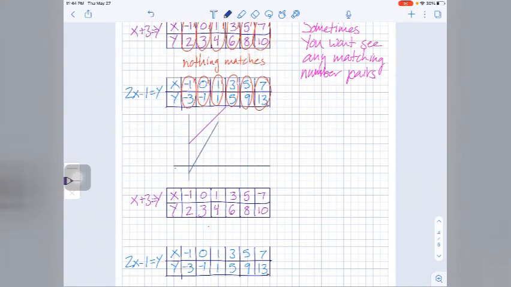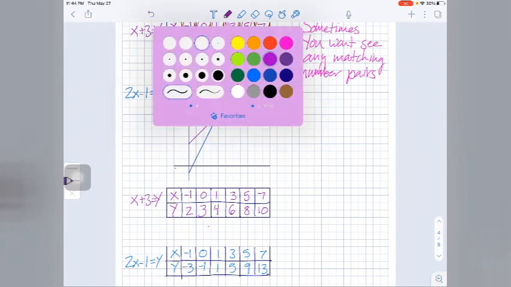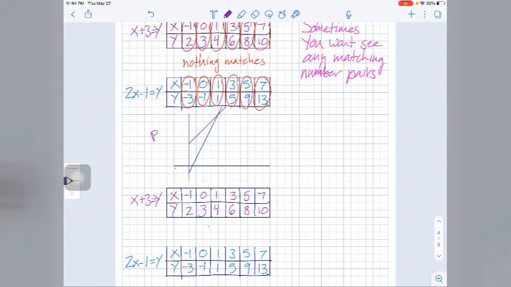I'll draw this line one more time. So purple is higher on this side.